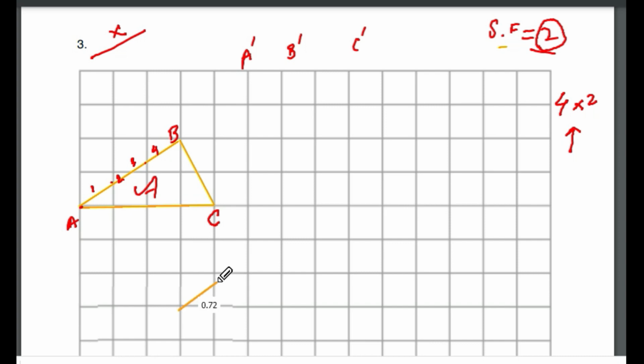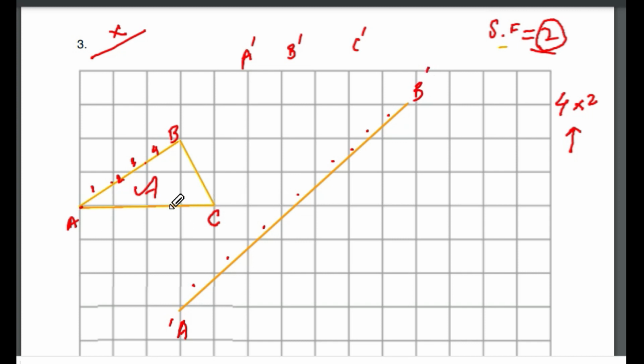That is 1, 2, 3, 4, 5, 6, 7 and 8. Let's count it. How many boxes are these? 1, 2, 3, 4, 5, 6, 7, 8, right? So we need to enlarge it by 8 boxes and we can name it as A dash and B dash.